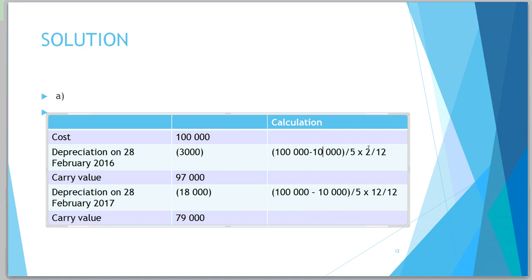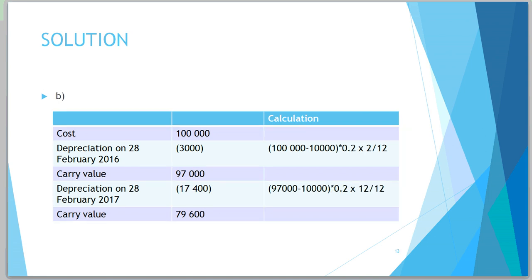So it's January, February. That gives us 3,000 Rand and a carry value of 97,000. Then depreciation for the next period will then be the 100,000 less the 10,000 residual divided by 5 years times 1 year, which gives us 18,000 and a final carry value of 79,000.